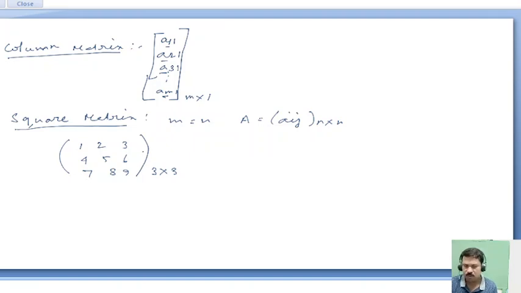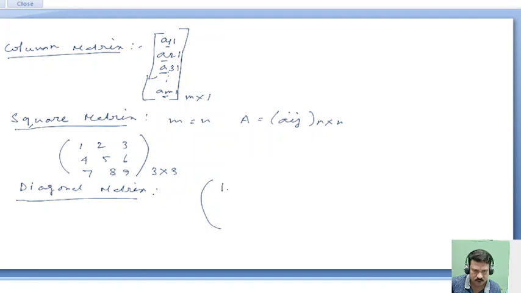Now we come to the next definition, that is diagonal matrix. Now what is diagonal matrix? A diagonal matrix is one where only the diagonal elements exist. All other elements other than diagonal elements are all 0.